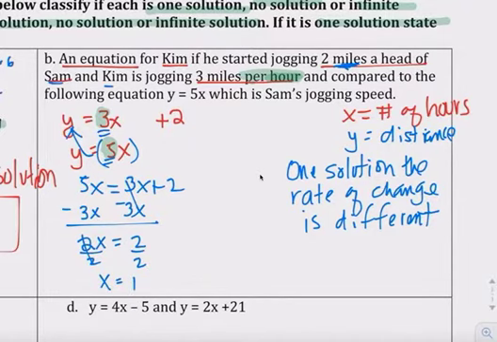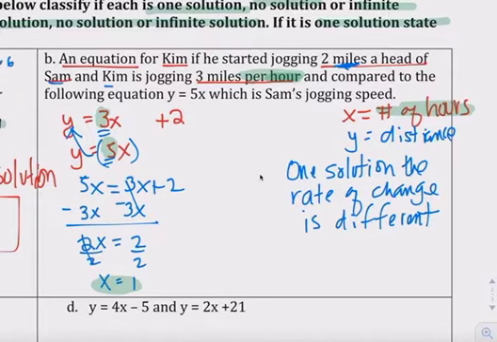So when will Sam catch up to Kim? When will they meet each other? If x is the number of hours, and this is x, at 1 hour. So at 1 hour, Kim and Sam will catch up.